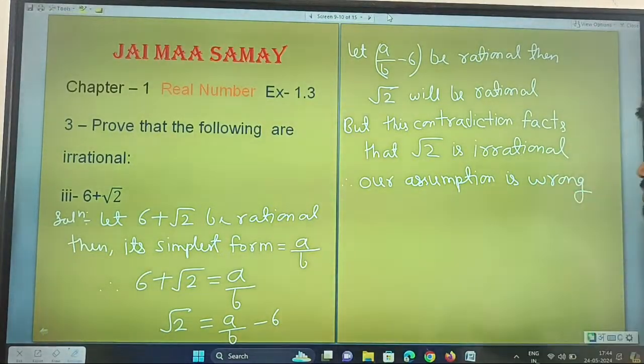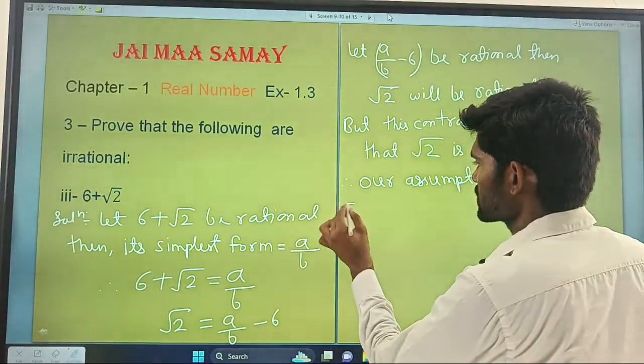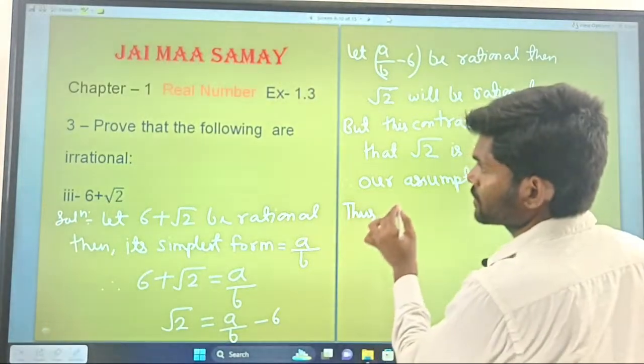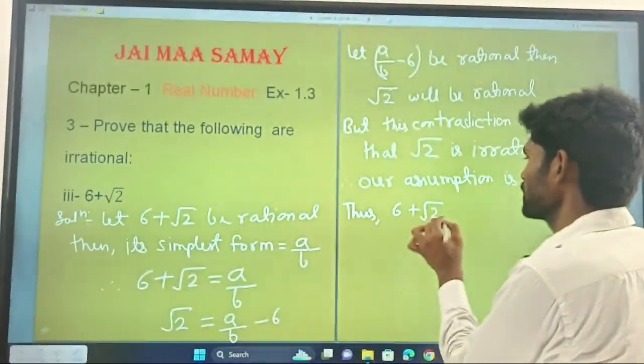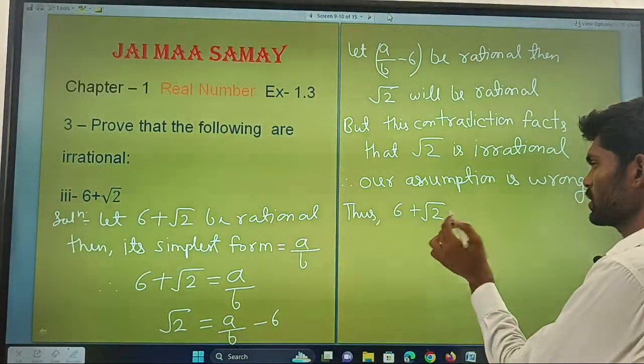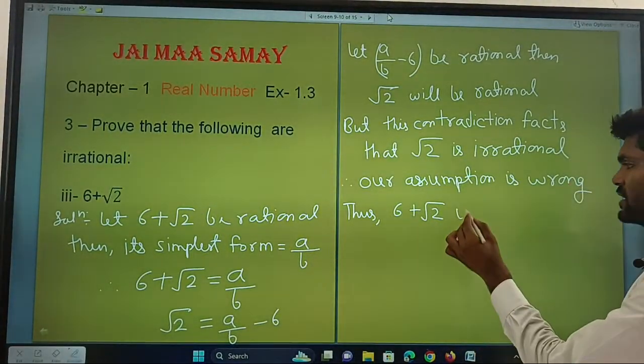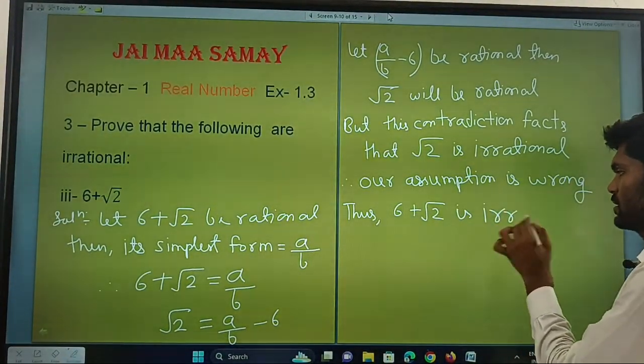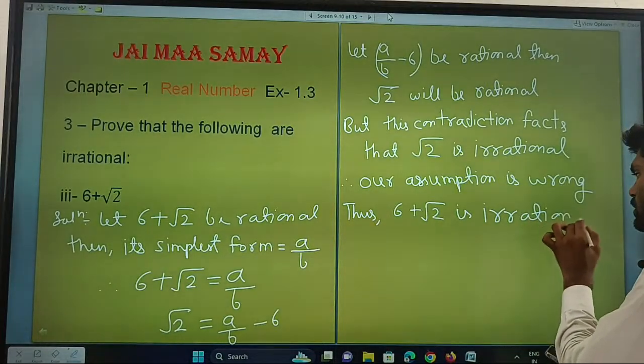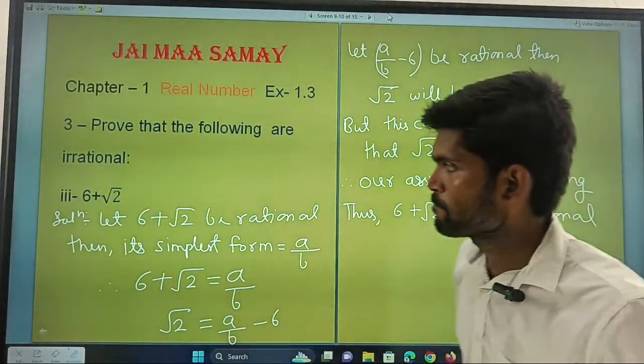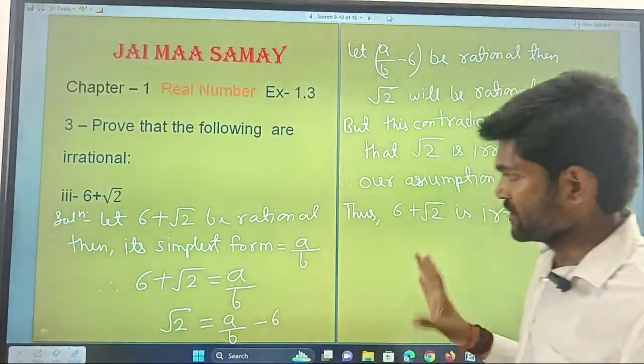Clear? Hence, thus 6 plus under root 2 is irrational. Okay, keep the statement in mind.